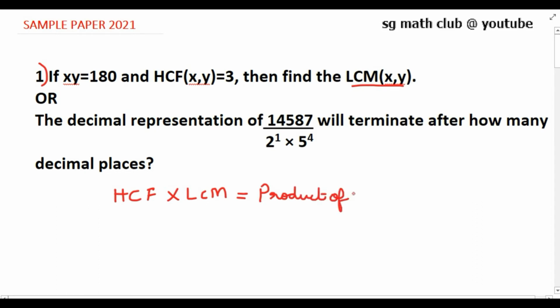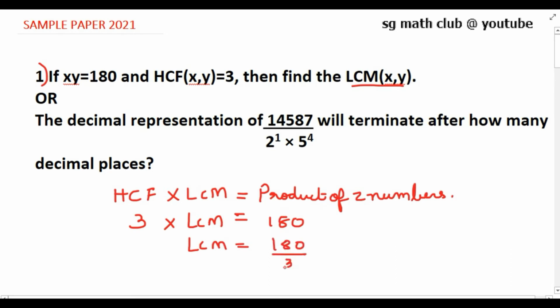Here they have given the numbers as x and y. Product of those 2 numbers is 180, HCF is 3, and we need to find the LCM. So LCM is equal to 180 divided by 3, which is equal to 60.